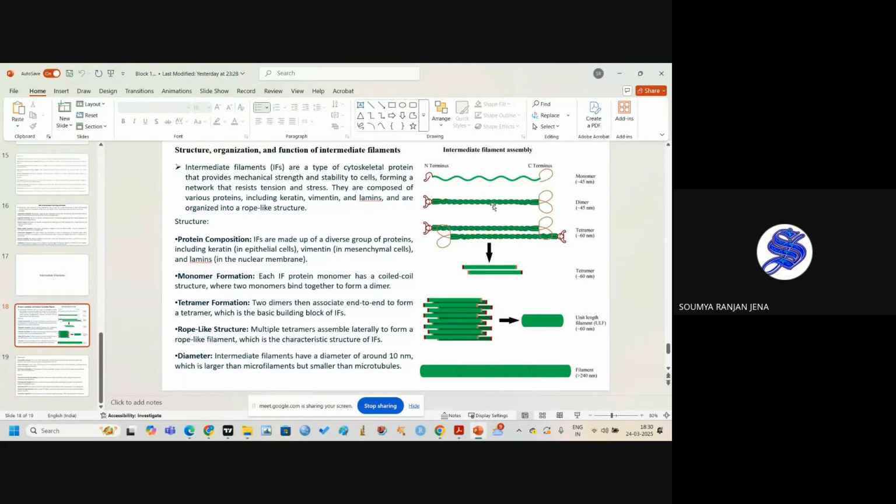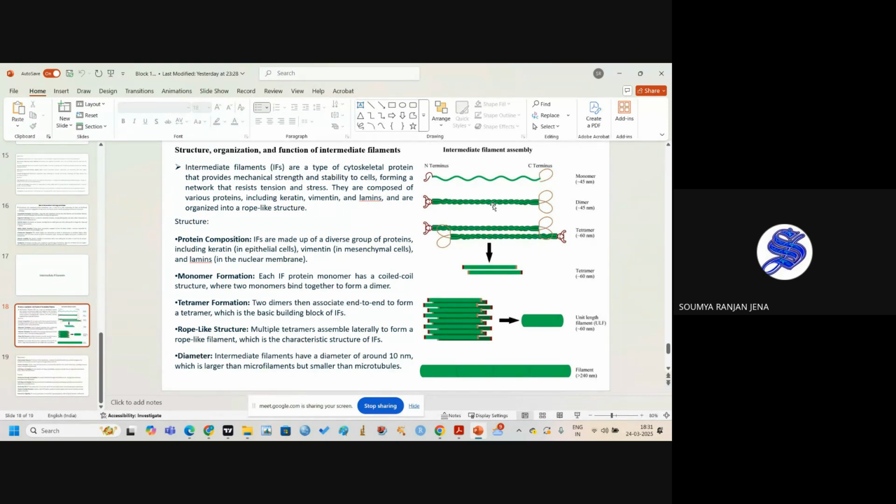Every time the skin undergoes different types of stress, and these intermediate filaments will help maintain against the stress and different types of tensions, to keep our skin cells healthy.